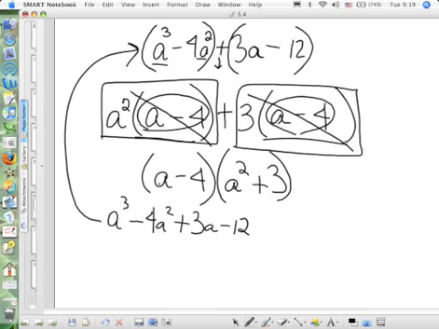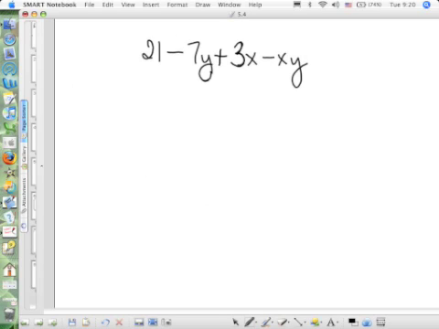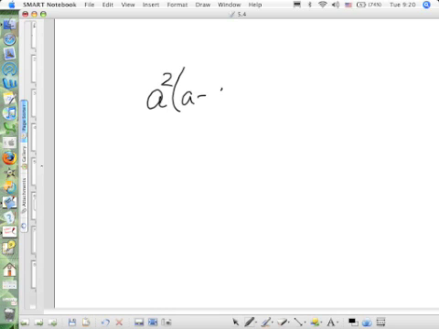Yes, Annalise. Yes. The rest goes in the second. Yes, Nick. Oh, how do you get a squared plus 3? This is what is left when I factor out those other 2 parts. Okay, let me rewrite it because I have all kinds of stuff everywhere. I had a squared times a minus 4 plus 3 times this.